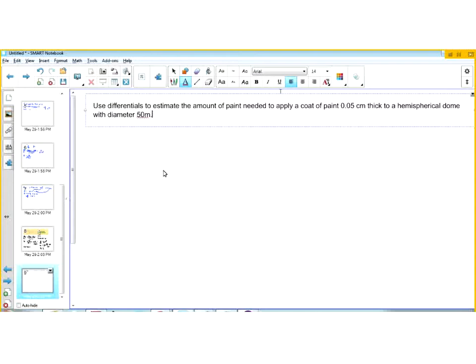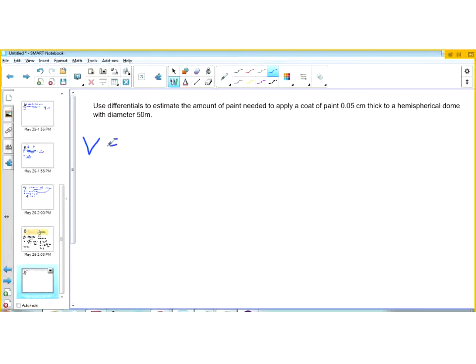All right, so for a hemispherical dome, we know that it's 1/2 the volume of a sphere. And so for a hemispherical dome, we have the volume of the enclosure is equal to 2/3 pi r cubed. And so that means that the differential volume element is going to equal 2 pi r squared times the differential of r.